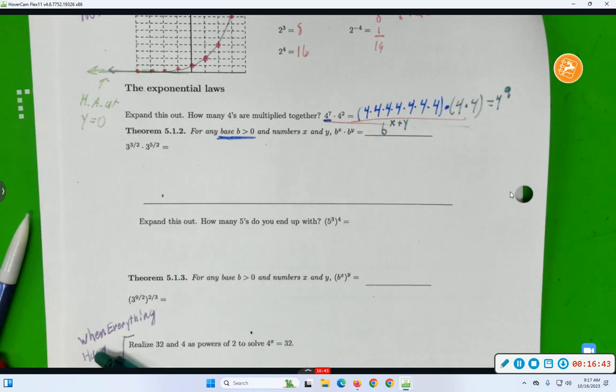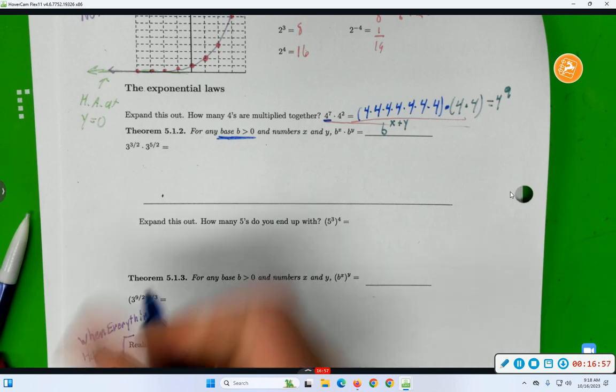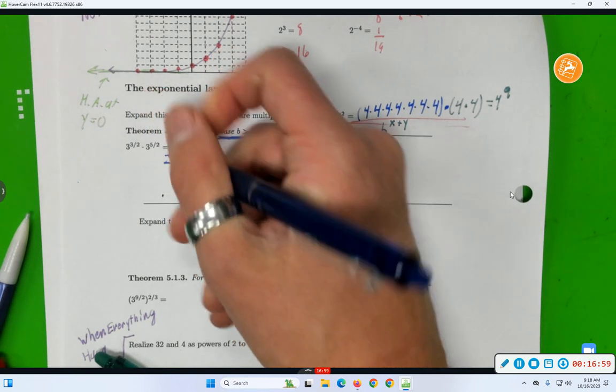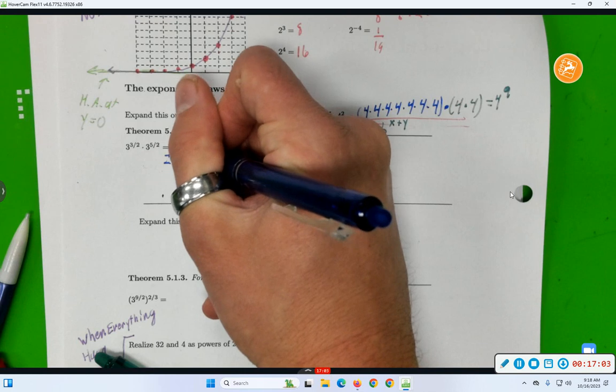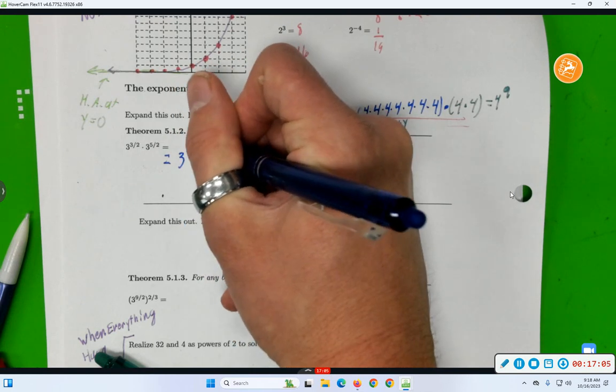So tell me, what is 3 to the 3 halves times 3 to the 5 halves? 3 to the 8 halves. And maybe I'll even write the intervening step because I've given myself a luxurious amount of space here. That's 3 to the 3 halves plus 5 halves.